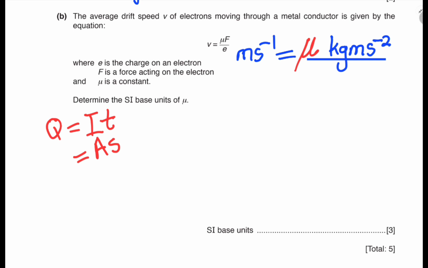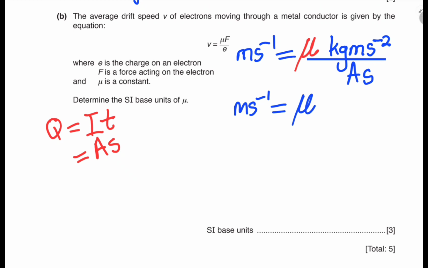So therefore, the base units for charge is the amp second. I substitute amp second. I'm going to evaluate the base units on the right hand side, and I'll see what values I should substitute for mu to get the SI base units for mu.